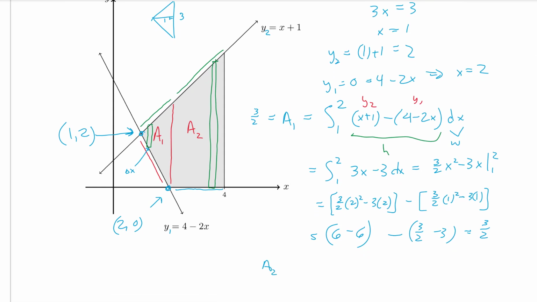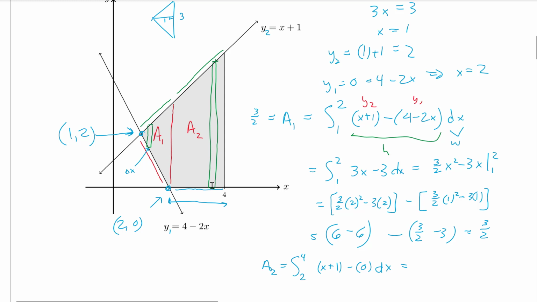Now let's calculate area 2 doing almost the same thing, except we're going to integrate from 2 to 4, because we're going from 2 right here all the way over to 4. Now the height of our rectangles is determined by y2 minus 0, because now the x-axis is the bottom boundary of the region, and we're integrating in terms of x because we've chosen our infinitely skinny dimension on our Riemann sums to be our x dimension.